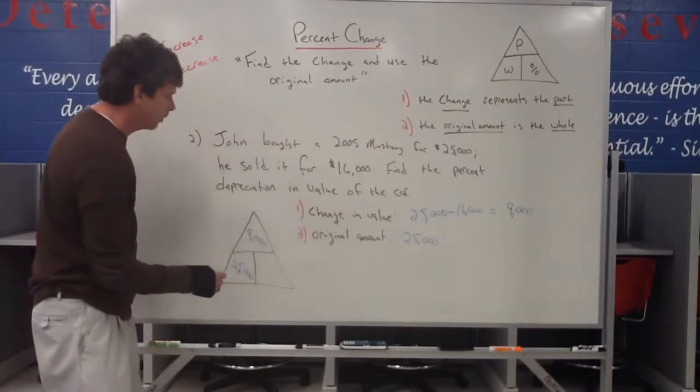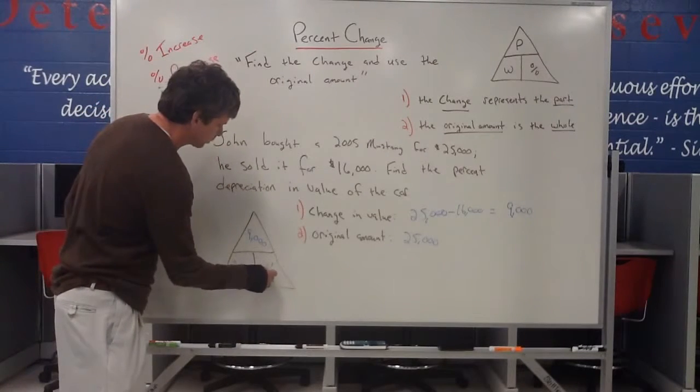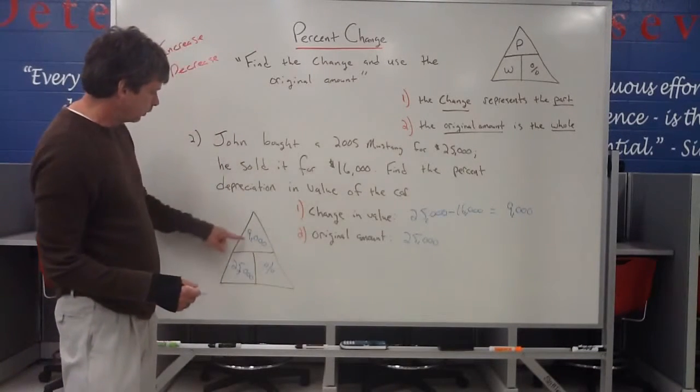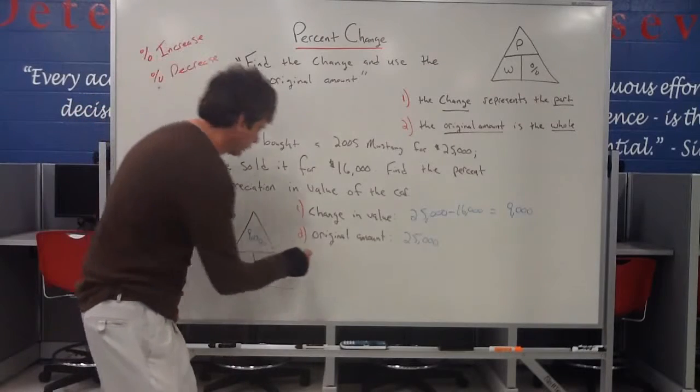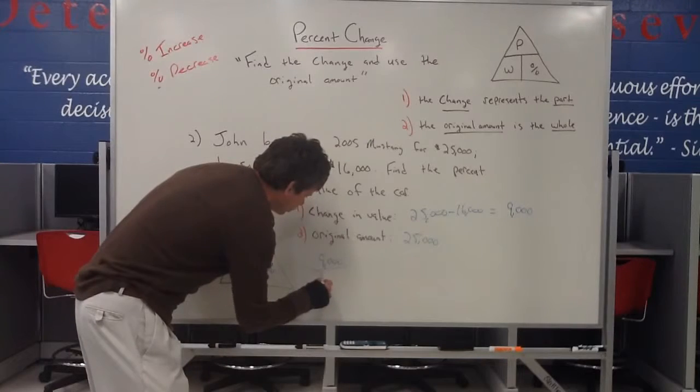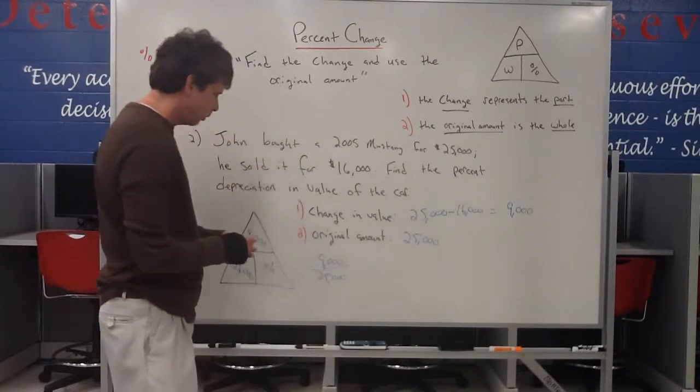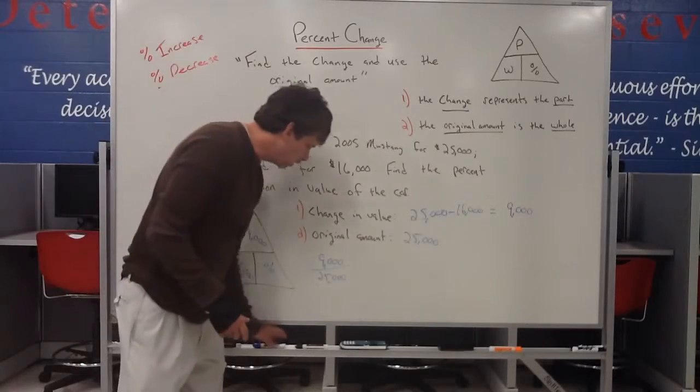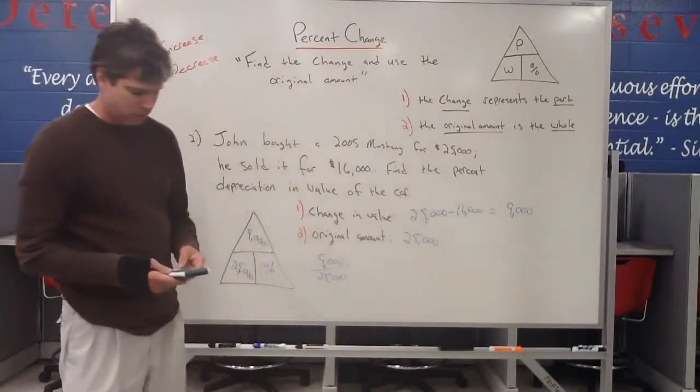So that's going to allow me to determine the percent in this problem. What this essentially tells me is this is a fraction. So I have 9,000 over 25,000. And what I want to do is change that fraction into a percent.